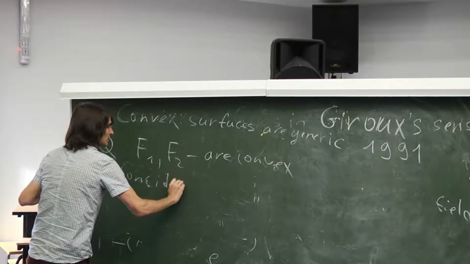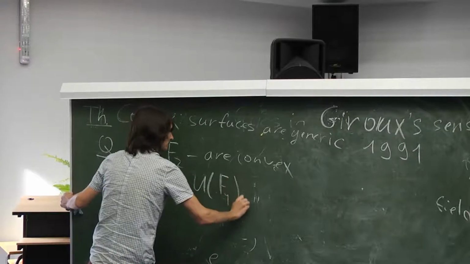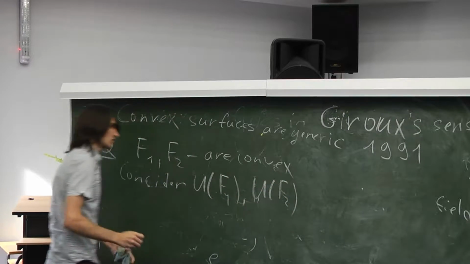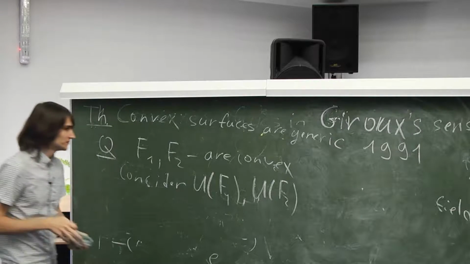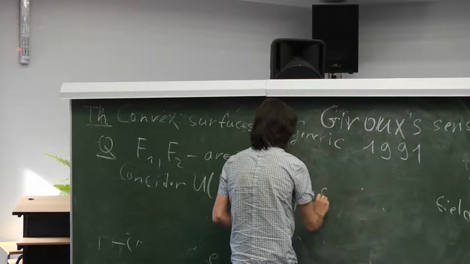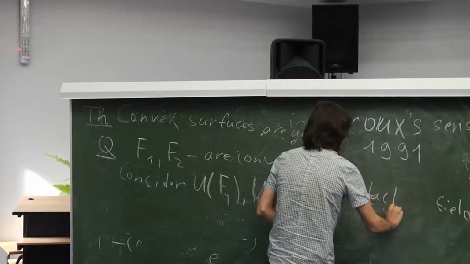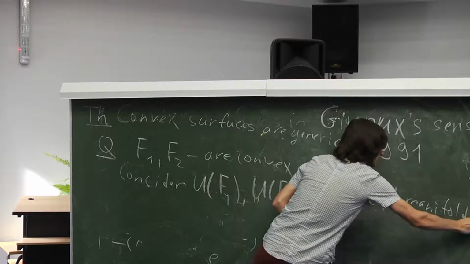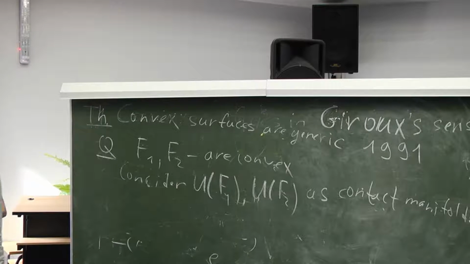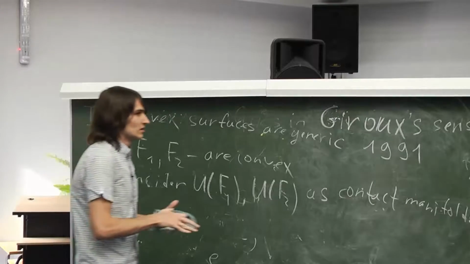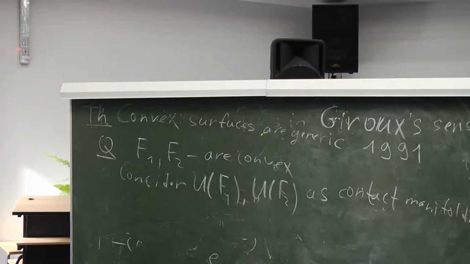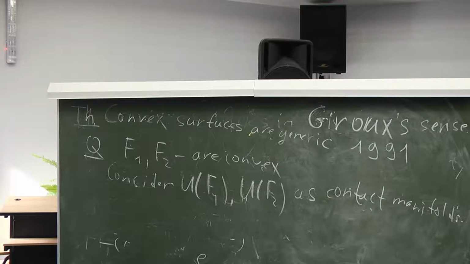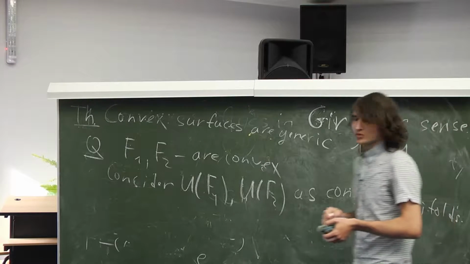Consider the neighborhoods as contact manifolds with the induced contact structure. Are they different or not? That is the question. Neighborhoods as contact manifolds. And Giroux gives a simple answer.